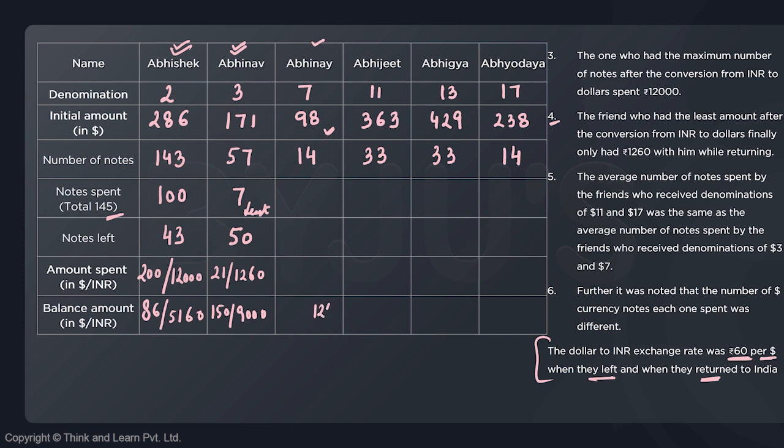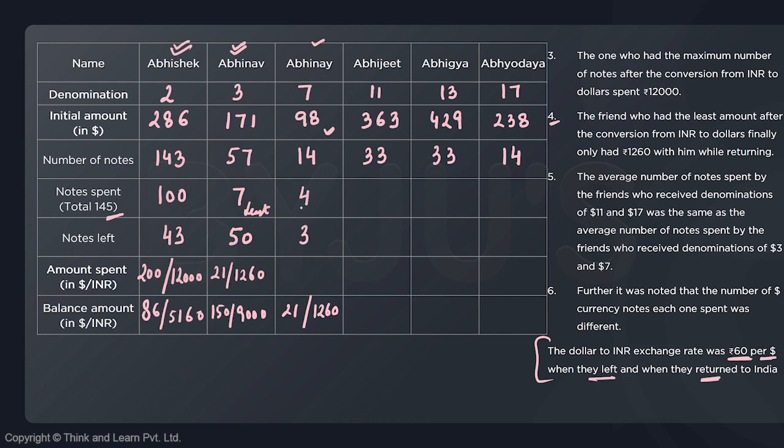So the balance amount with him was 1260 rupees. 1260 divided by 60 is $21, right? $21 means he was left with 3 notes of $7 each.